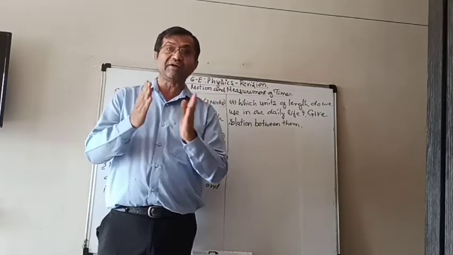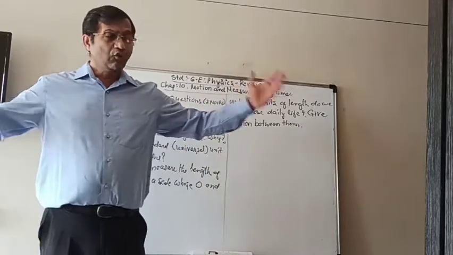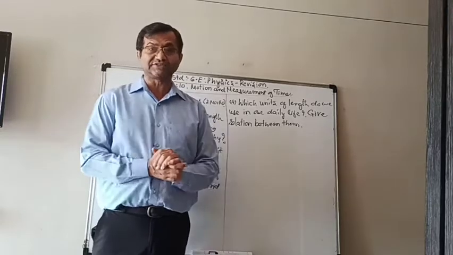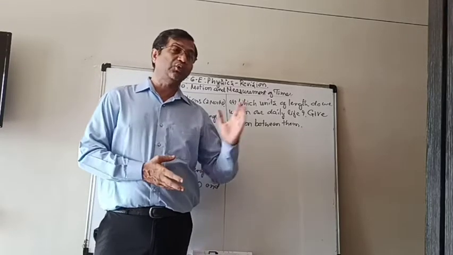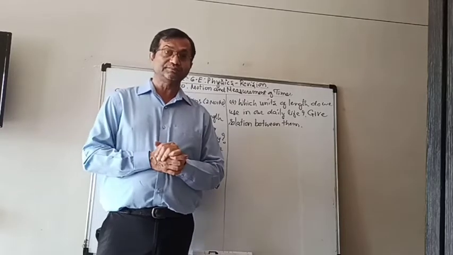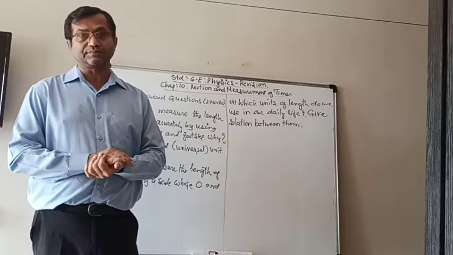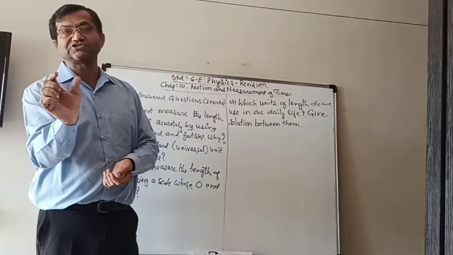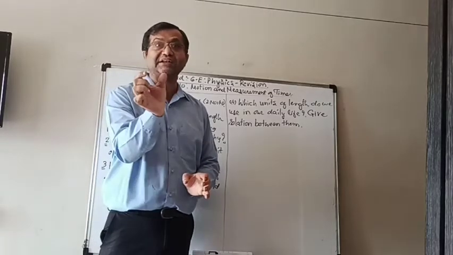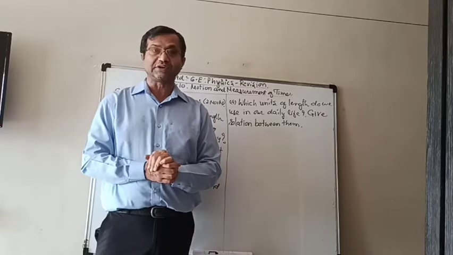1 kilometer is 1000 meter, because 1 kilometer is divided into 1000 equal parts, each a meter. 1 meter is divided into 100 equal parts, so 1 meter is equal to 100 centimeter. And if you look at your scale, within 1 centimeter there are 10 sub-parts given, which are known as millimeters.